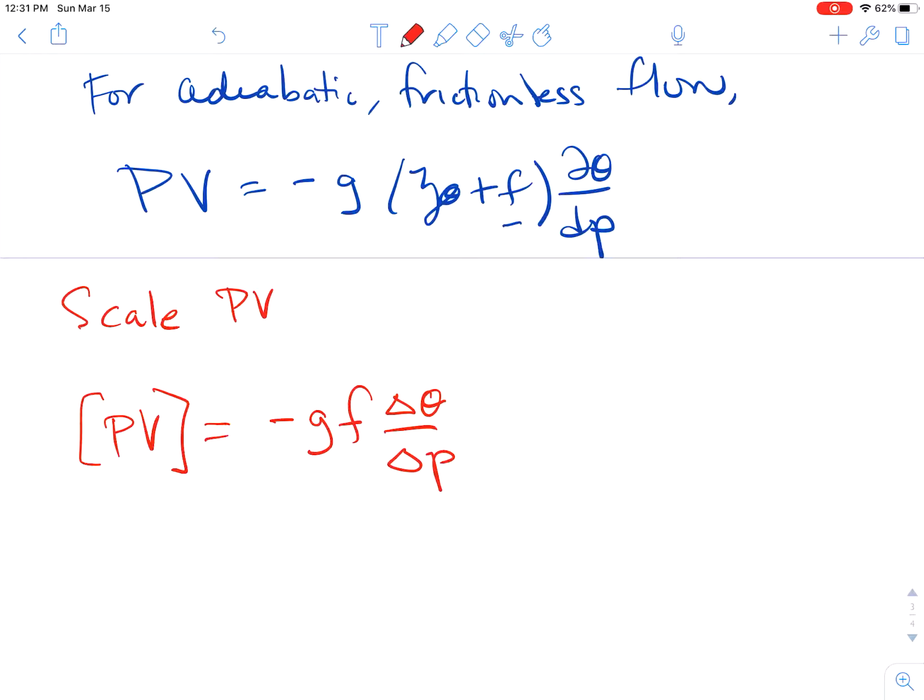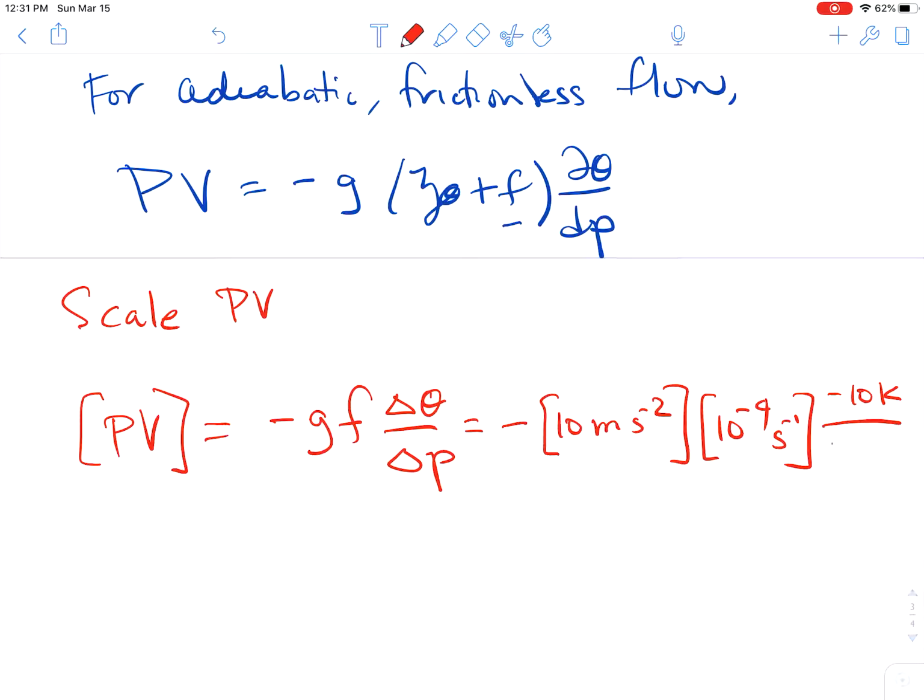And so our scale for g is 10 meters per second squared. f is 10 to the minus fourth per second. And our change in theta over change in pressure is going to be minus 10 K over 10 kilopascals.